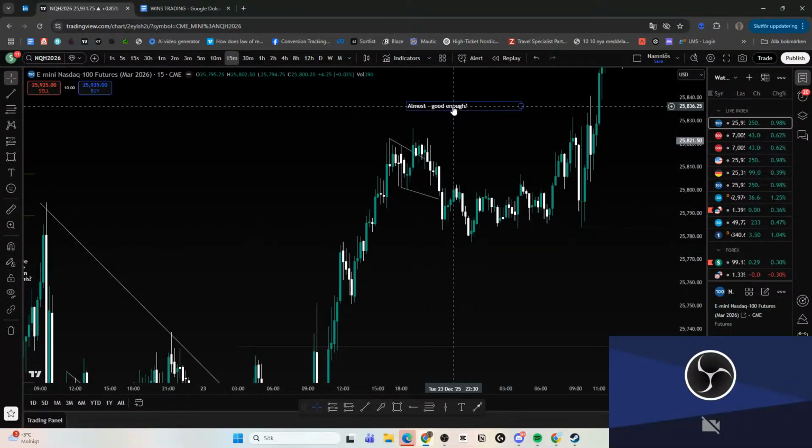This is what seems to happen when the reversal is fast. You just get a bunch of consolidation.